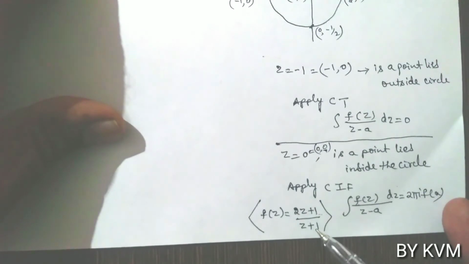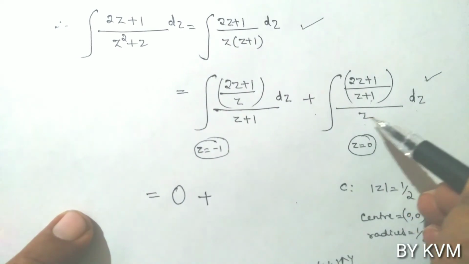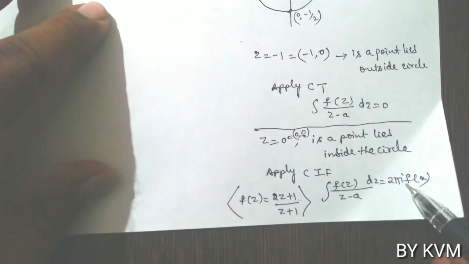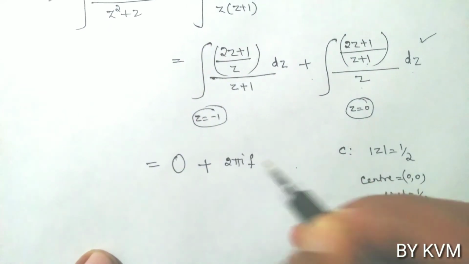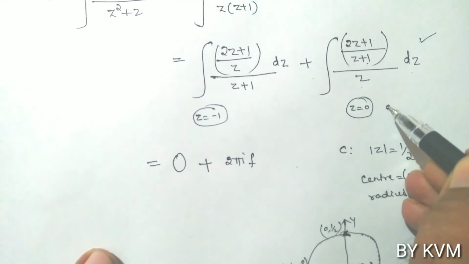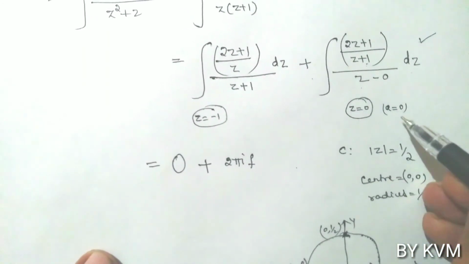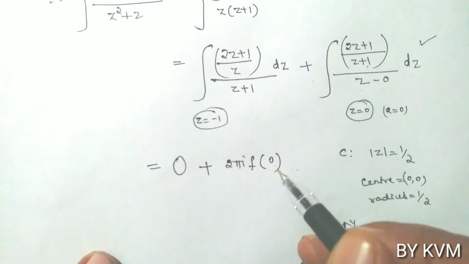That's what we have written here. f of z is 2z plus 1 by z plus 1, by z minus a. What is z minus a here? z minus 0, dz. So this is equal to 2 pi i into f of a. So here 2 pi i into, what is a here? a is 0. That is z minus 0. a is 0. So 2 pi i into f of 0.